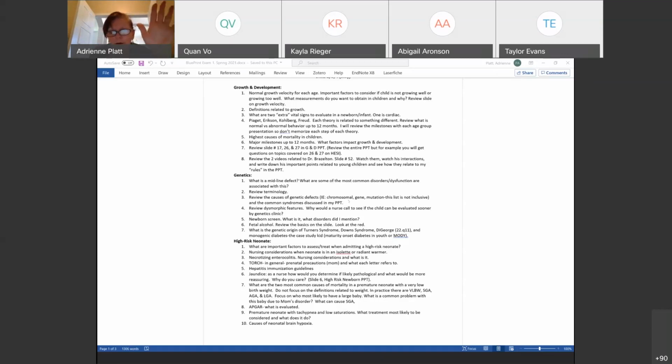I would put on a question MODY, and I would put the name so you don't have to remember that. That is a mutation, and so basically it's not caused by autoimmune disorder. That's type 1. Type 2 is related to insulin resistance, and then that monogenic diabetes is due to a genetic mutation. So it's a genetic cause.